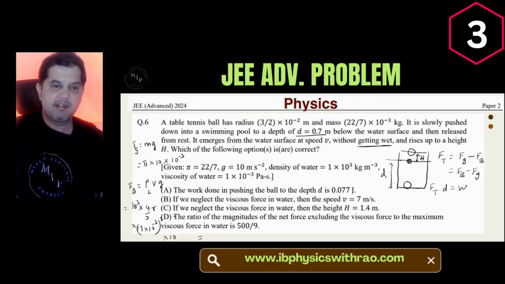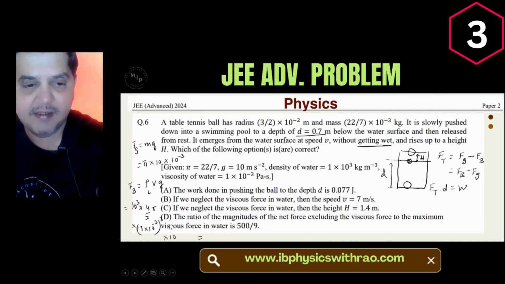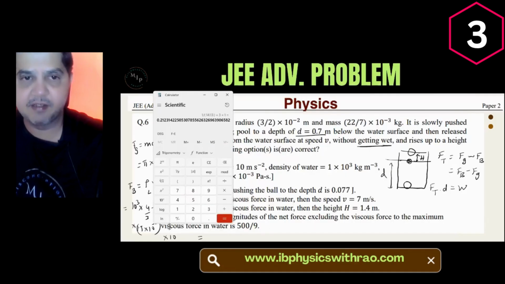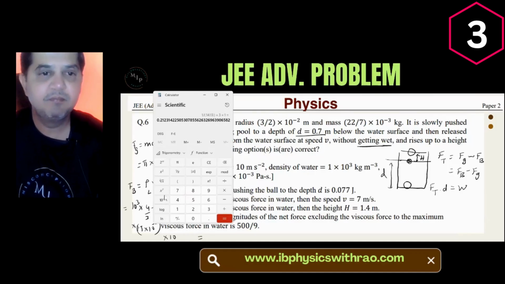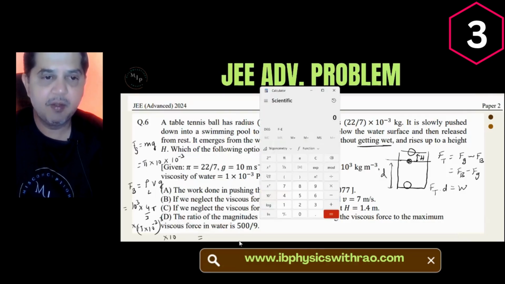So when I do all this, this will become 4 by 3 pi into 1.5. Let me calculate this. It's better to calculate this and get an answer. Okay, so now I will not calculate pi here because pi is common here. So I'm not going to calculate that.